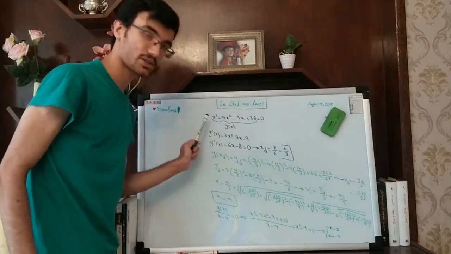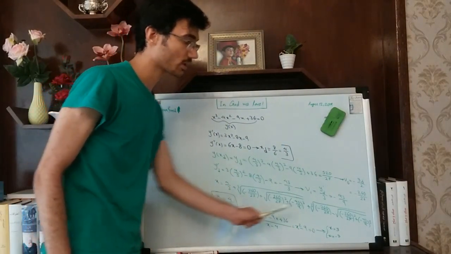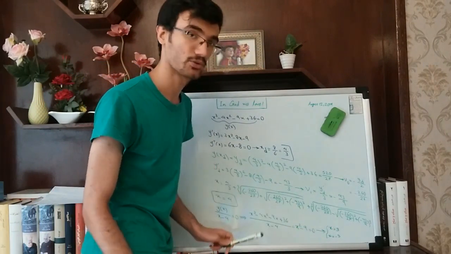So the roots of this equation are x equals 4, x equals 3, and x equals negative 3.